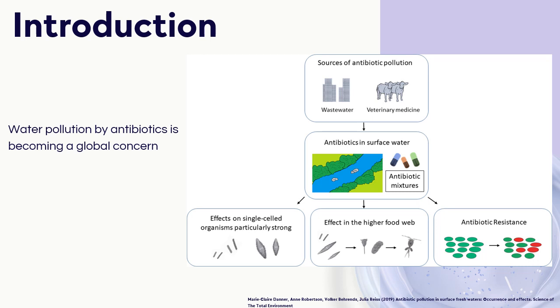For the introduction, nowadays water pollution by antibiotics is becoming a global concern due to increasing levels of antibiotics in water. Sulfamethoxazole is an antibiotic belonging to the sulfonamide group, widely used for treating infections in humans and animals.